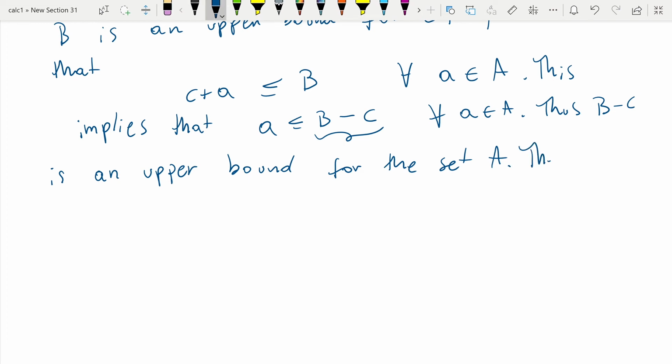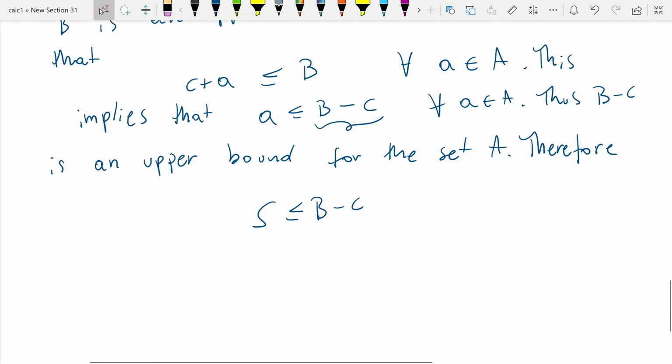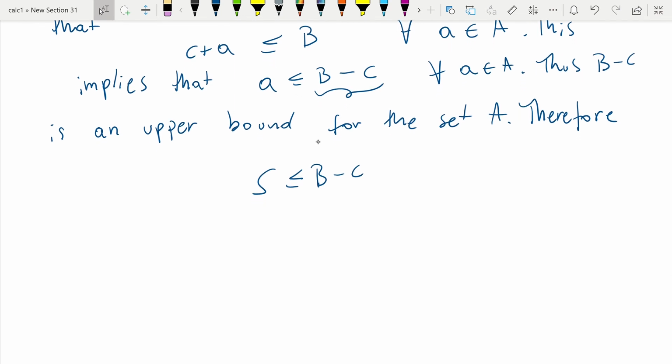Therefore, B minus C must be greater than or equal to S. As I said, B minus C is an upper bound, and any upper bound for A must be greater than or equal to the supremum. Remember? The supremum is characterized by two properties: one is that it is an upper bound and one is that it is the least upper bound. Meaning if you have any other upper bound, in this case B minus C, then this must bound S, the supremum, from above. And this implies, of course, that if you add C on both sides, C plus S is going to be less than or equal to B.